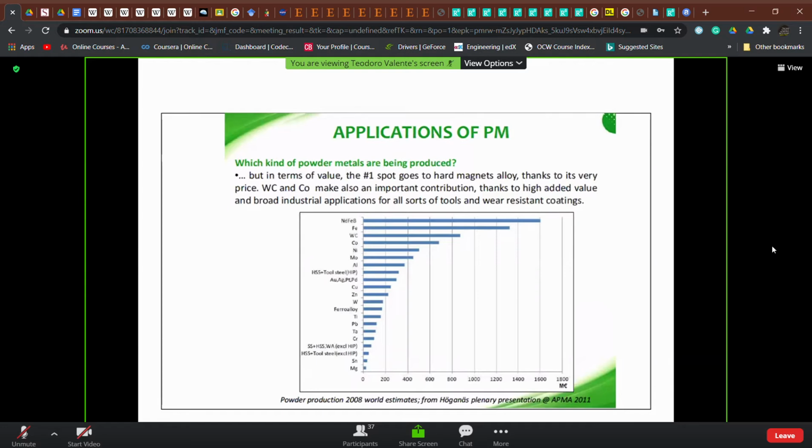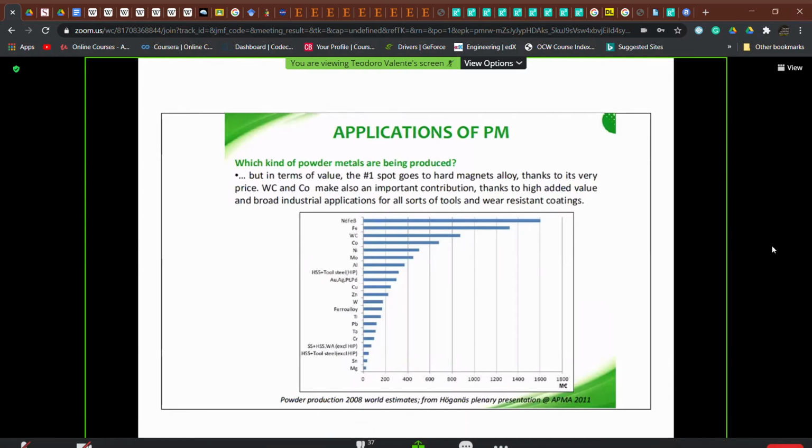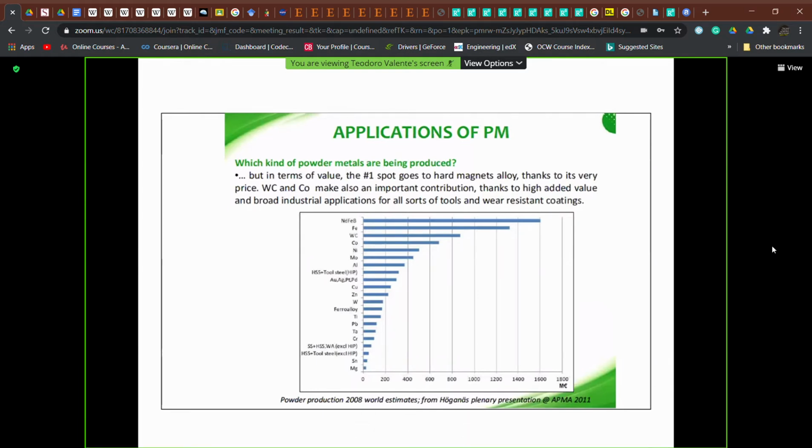Then, following this, there are again the iron-based superalloys and also ceramic metal materials like tungsten carbide, cobalt, which are used for wear-resistant purposes.